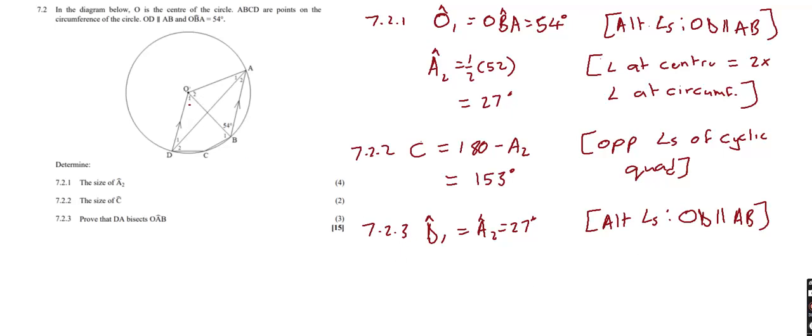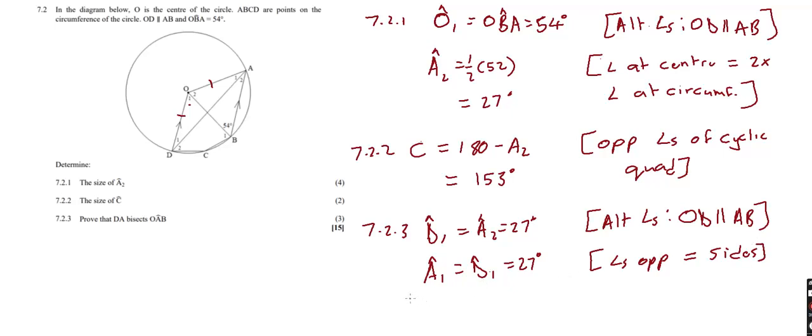Now, because O is the center, OD is a radius and OA is a radius. So these two are equal. So if they are equal, A1 must be equal to D1, which is equal to 27 degrees. And that is angles opposite equal sides.